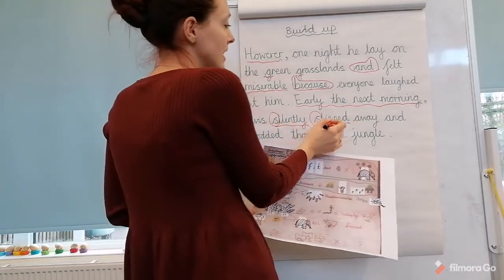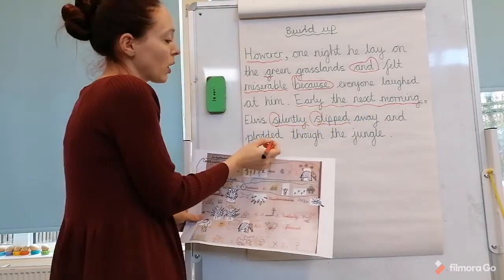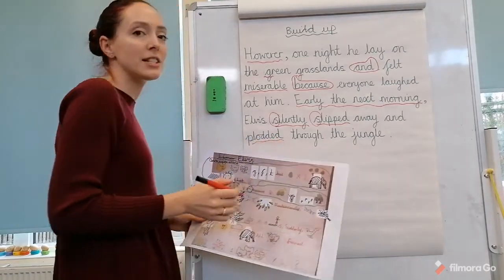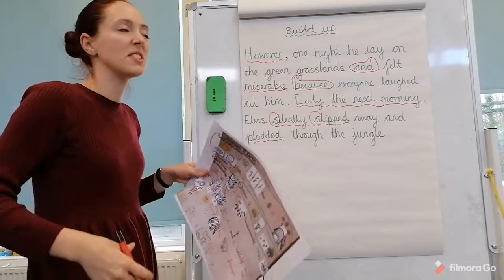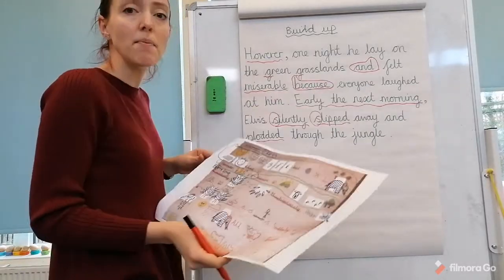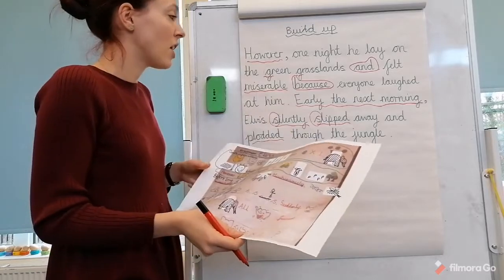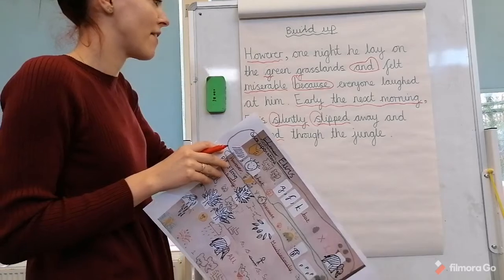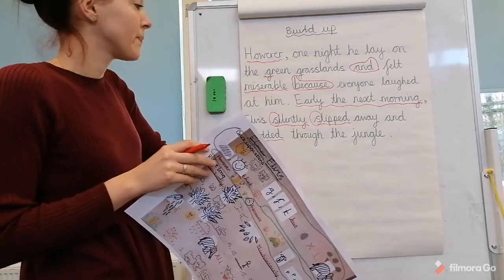Elvis silently slipped away and plodded, that's a lovely word to use, through the jungle. Plodded does remind me of an elephant word because they're so heavy and they plod. I wouldn't say that he silently skipped through the jungle because an elephant, I don't think, could silently skip through a jungle because they are very, very large.